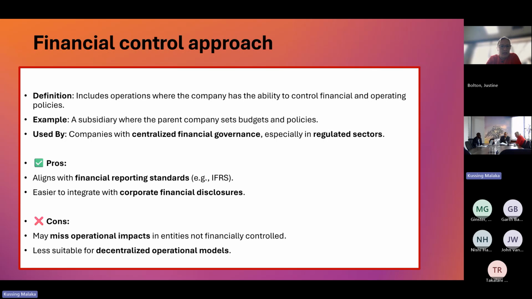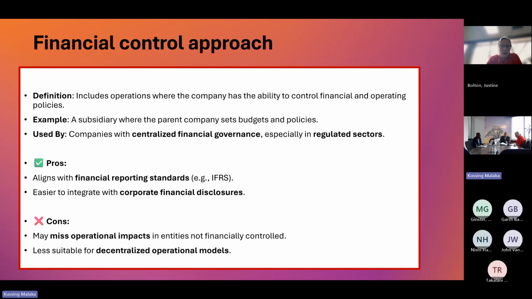The pros of this is it aligns with financial reporting standards, so it's quite easy to integrate your environmental accounting into your financial accounting because you're using the same boundaries there as well. So it's easier to integrate with your corporate financial disclosures.